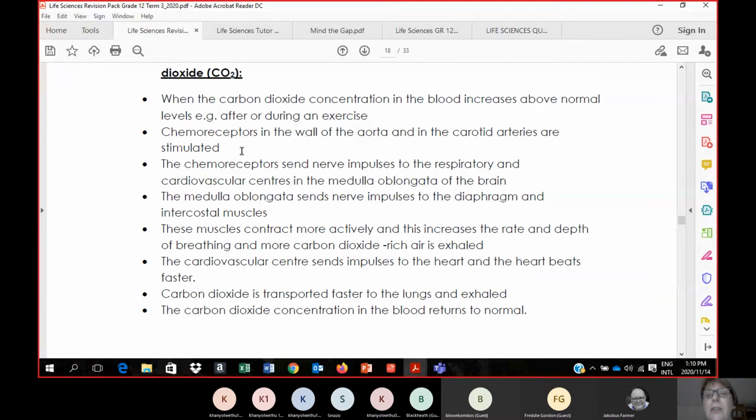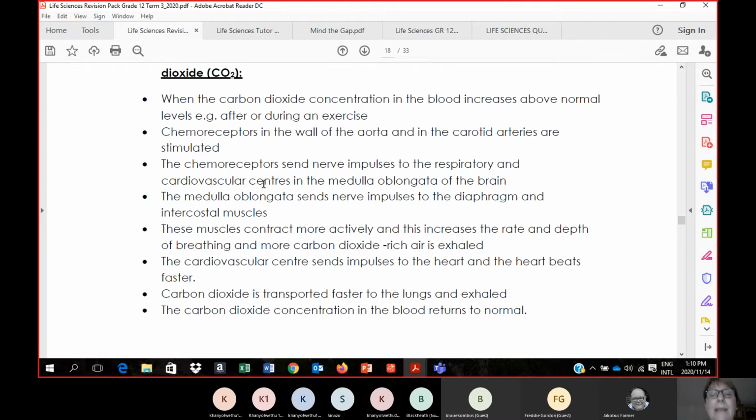They are stimulated, and they are sensitive to chemicals, because hydrogen ions and so on are chemicals. They send impulses to the respiratory, and respiratory has to do with breathing, doesn't it? And cardiovascular has to do with the heart. So it sends these impulses to those centers, which are found in the medulla oblongata. Remember, that's the top part of the spinal cord where it goes a bit wider. So they are sent to the medulla oblongata of the brain.